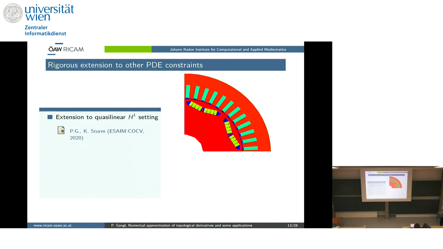Okay, so this was the case for a linear problem, but as I said, we're interested actually in quasilinear PDEs, and actually we did this proof also for the quasilinear case, and this was just a simplification right now to the linear case in order to reduce technicalities. So in this paper we extended this to the quasilinear H1 setting, as is the case for two-dimensional models of electric machines, which I will show later on.